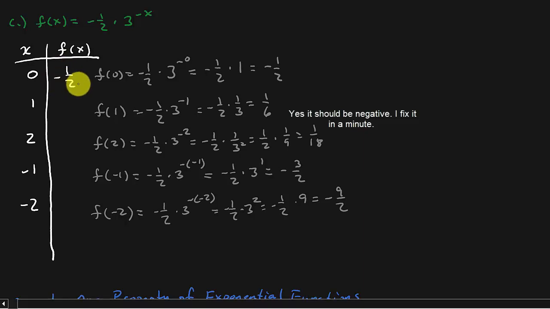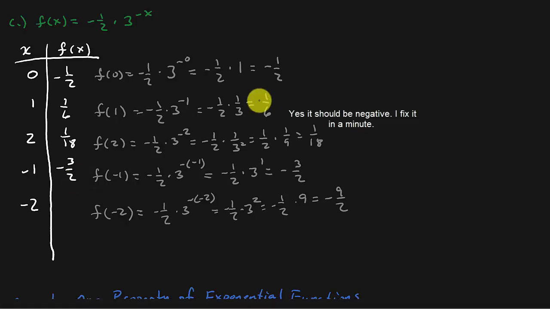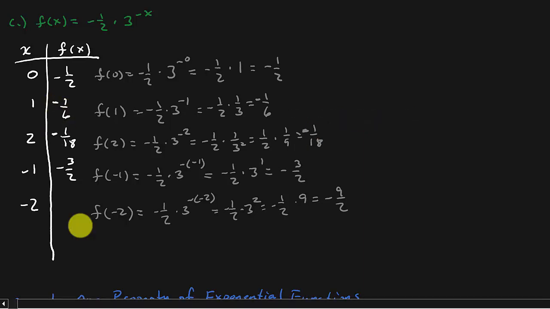All right, so we get negative 1/2, we get negative 1/6, we get negative 1/18, we get negative 3/2. And wait a minute, yes, I messed that up. That's negative, that's negative. Negative, negative. And then we get negative 9/2.